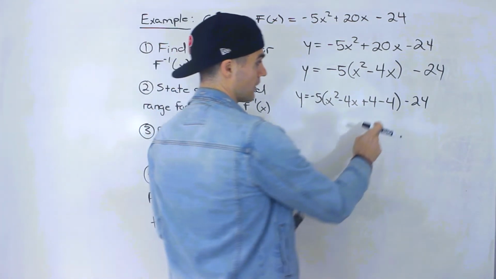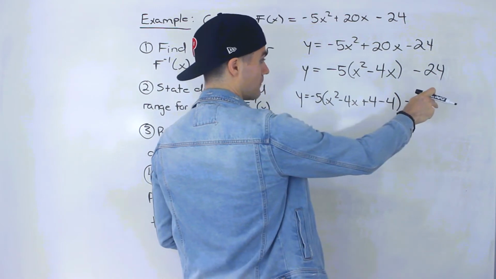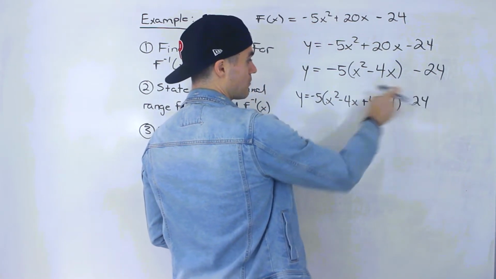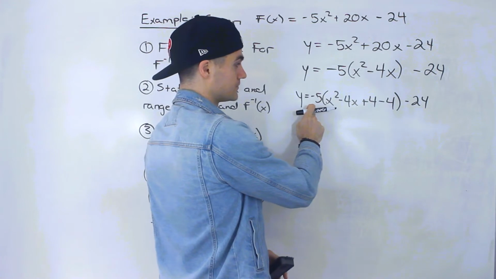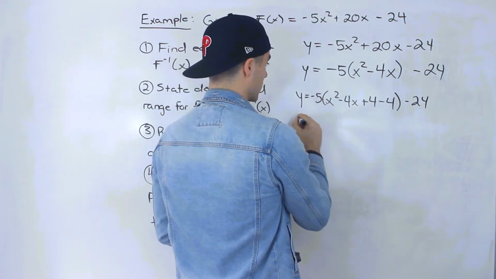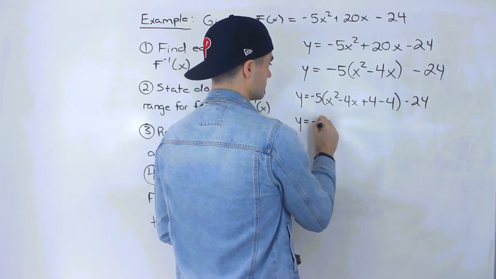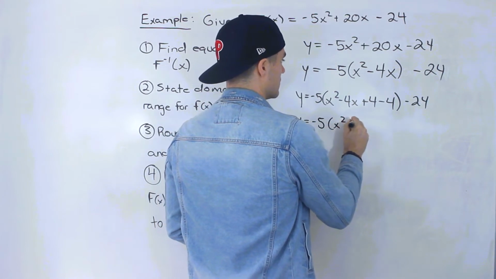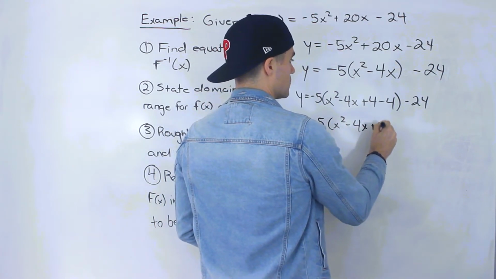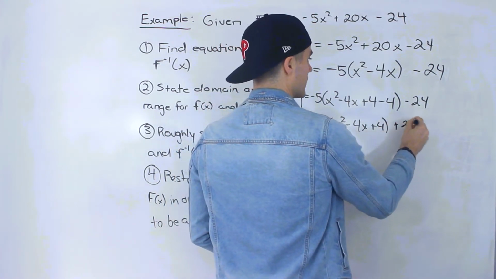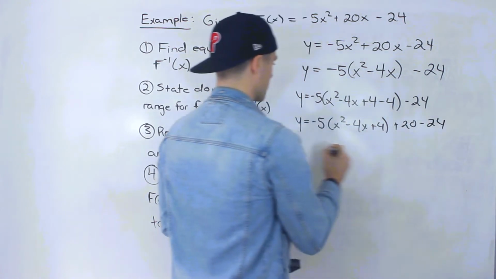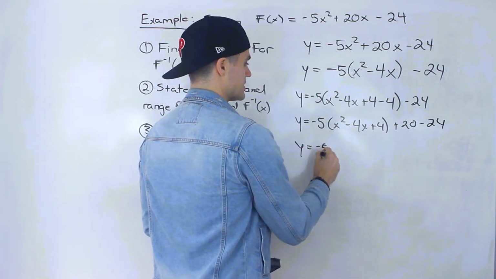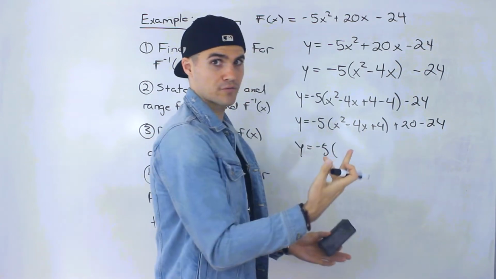And what we do now is we take out this negative 4 from the bracket, but if we take it out of the bracket, we have to multiply by what's in front. So negative 5 times negative 4 gives us 20. So we'll have positive 20 minus 24 over here. And then this will always be a perfect square trinomial.